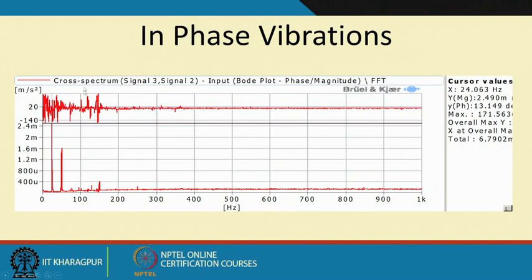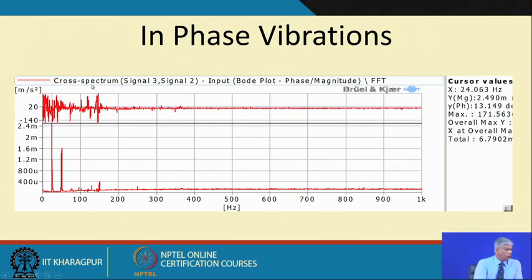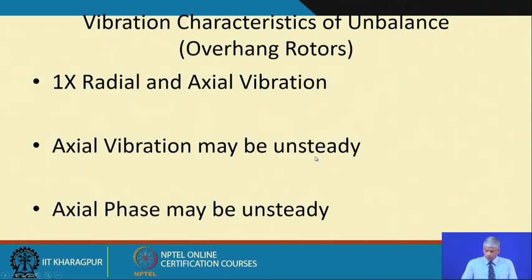Now, this is just to give you an example where we have measured the cross spectrum between two signals, and you will see the phase angle is only 13.149 degrees. This is subject to other unbalances in the system. So, with the frequency of 24 hertz, that is the rotational speed in hertz, I can measure the magnitude and so on. These are cases of in-phase vibrations.